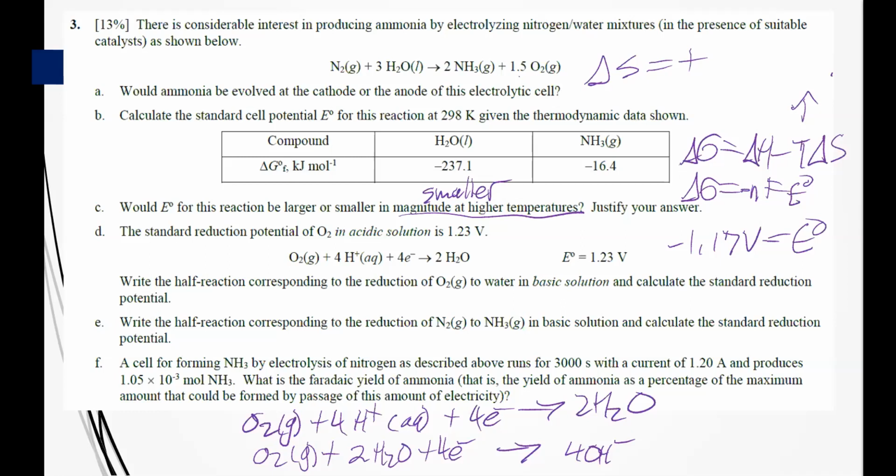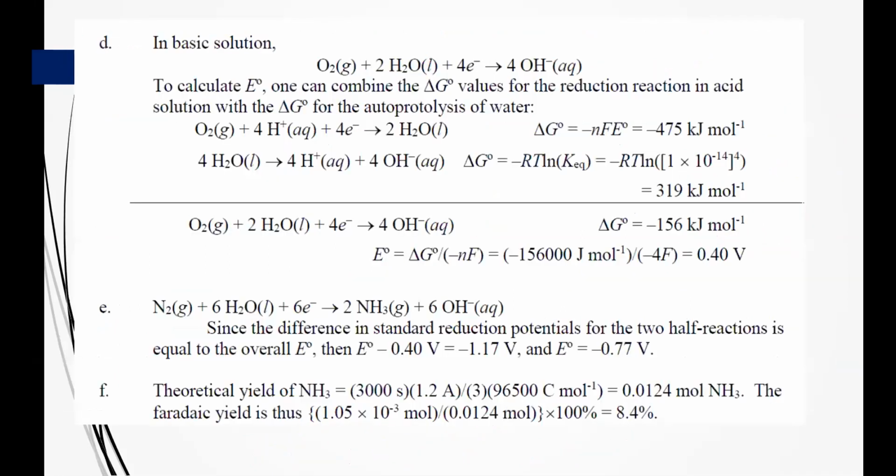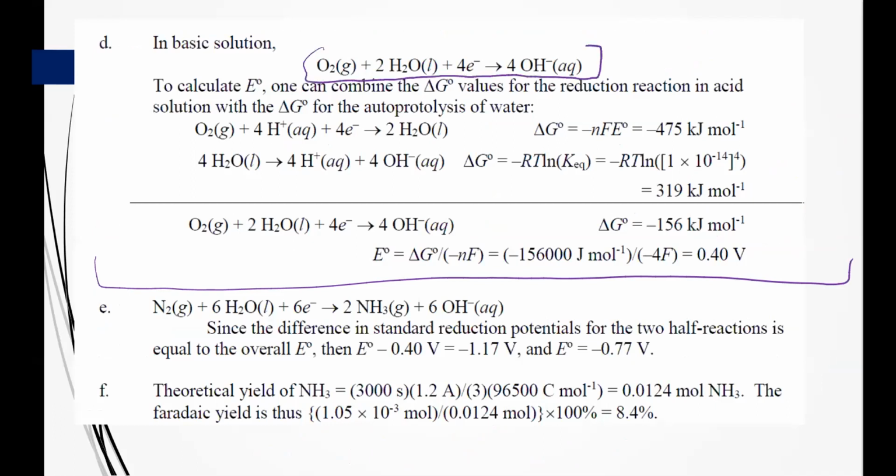Now, when we want to look for a standard reduction one, I'm going to just use theirs because I think it's well written out. We've come up with our new equation here. If we want to look for that new E naught, we're going to look for that new delta G value for this reaction.